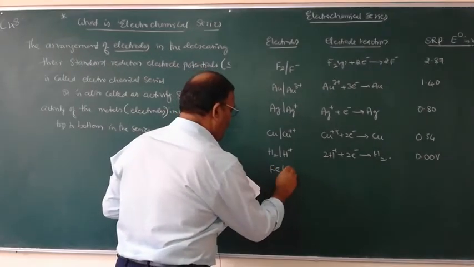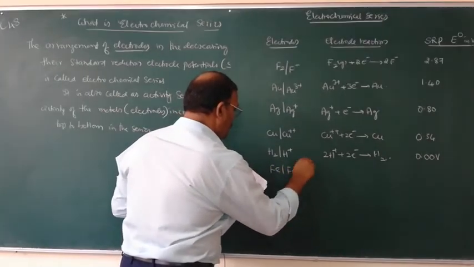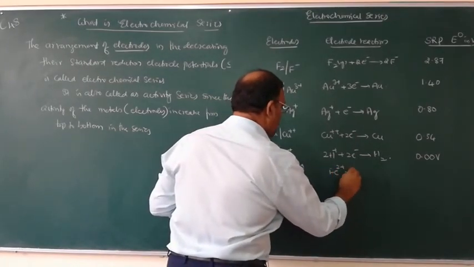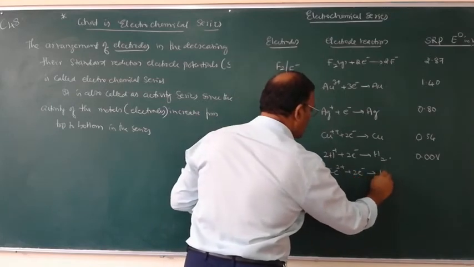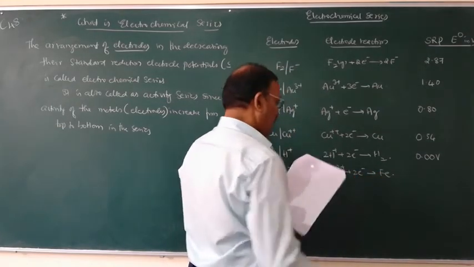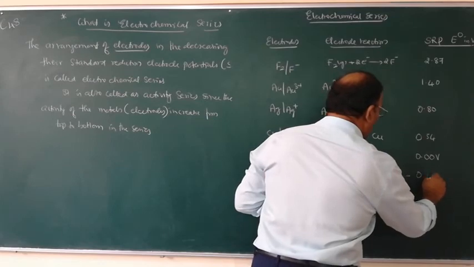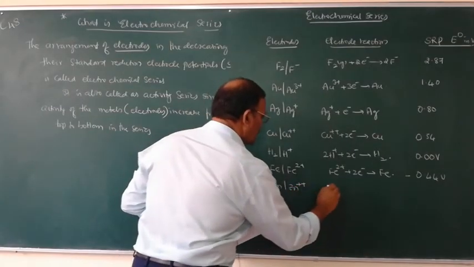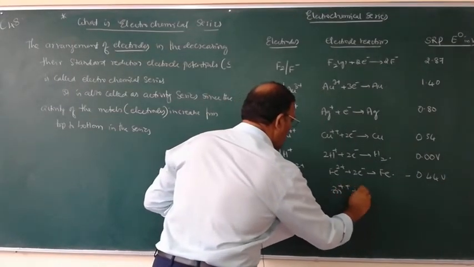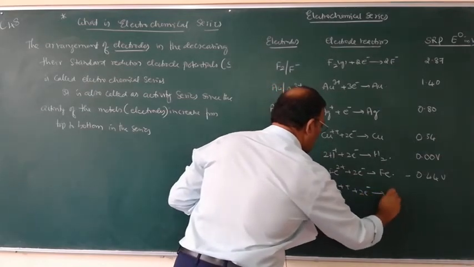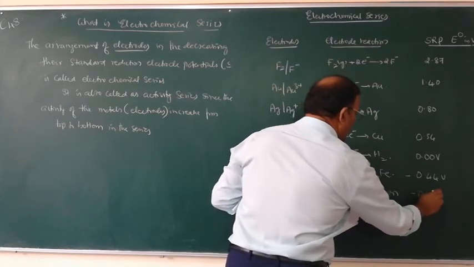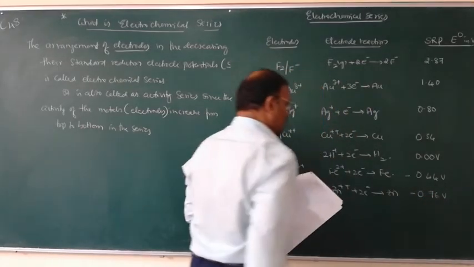Fe bar Fe2 plus: Fe2 plus plus 2 electrons gives Fe, minus 0.44 volts. Zn bar Zn2 plus: Zn2 plus plus 2 electrons gives Zn, minus 0.76 volts.